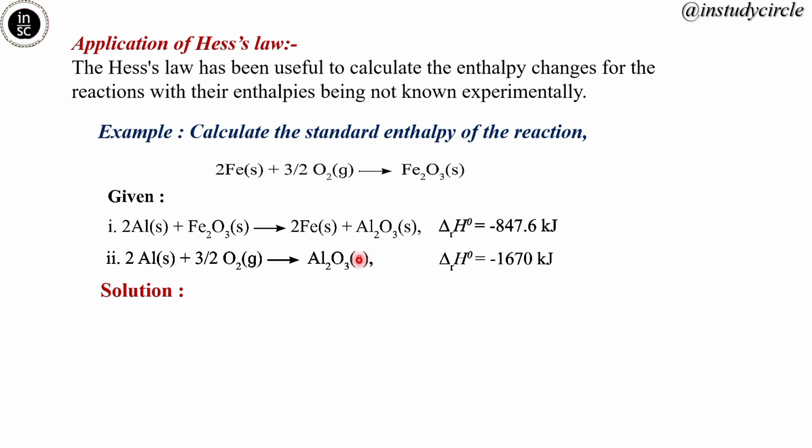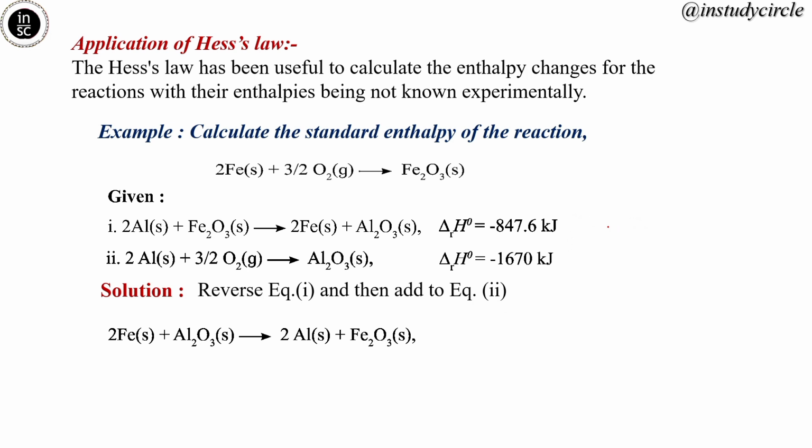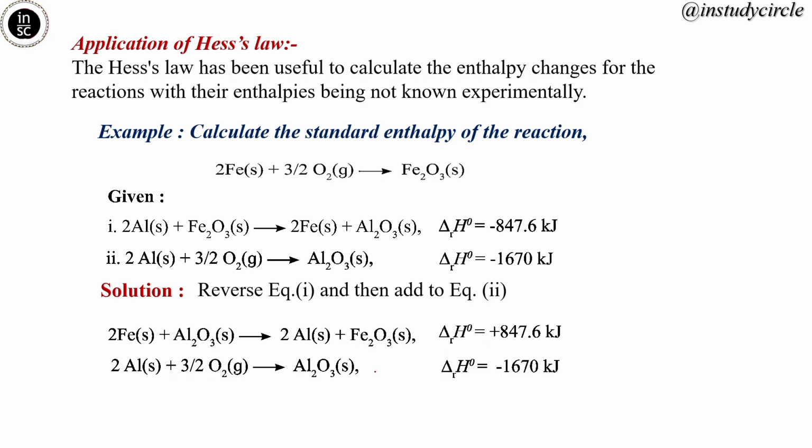So equation 1 is reversed and then added to equation 2. So we get 2 moles of Fe plus 1 mole of Al2O3 and 2 moles of aluminium plus Fe2O3, and the standard enthalpy of this reaction is plus 847.6 kilojoules. It changes from minus to plus because equation 1 is reversed and equation 2 is added to it.